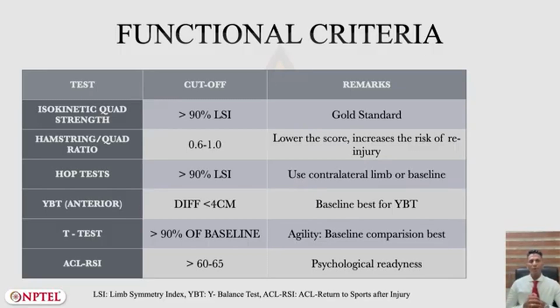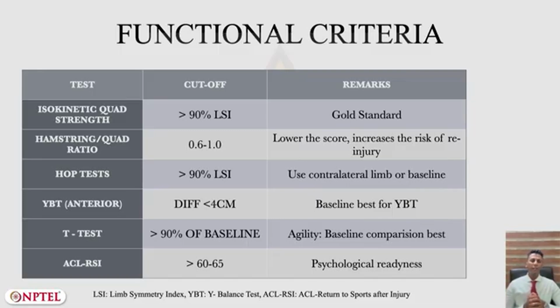A hamstring to quadriceps ratio below 0.6 signals inadequate hamstring contribution and increased risk of re-injury. Hop tests should consistently exceed 90% of limb symmetry index, but both distance and movement quality must be evaluated.